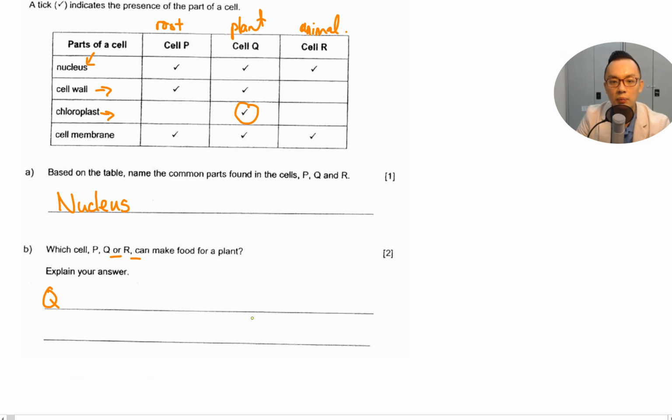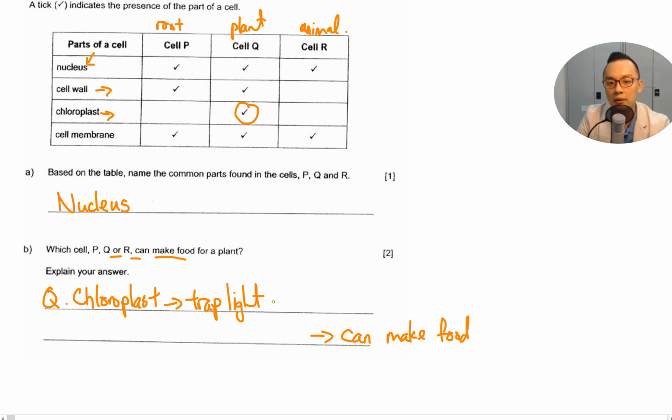So explain your answer. So again, can make food, right? So the last statement is can make food. Alright, so there must be a certain logical flow. So cell Q has chloroplast. Again, chloroplast can trap light. I just did this just now, right?